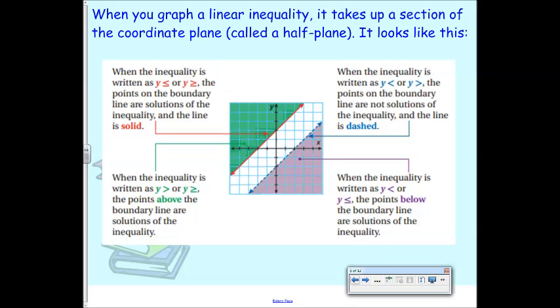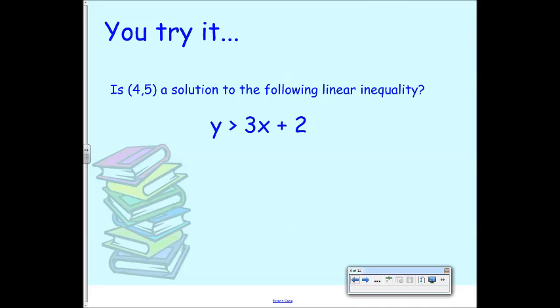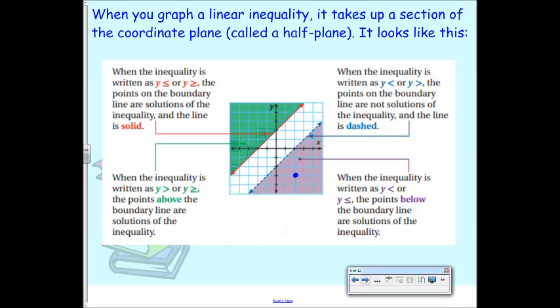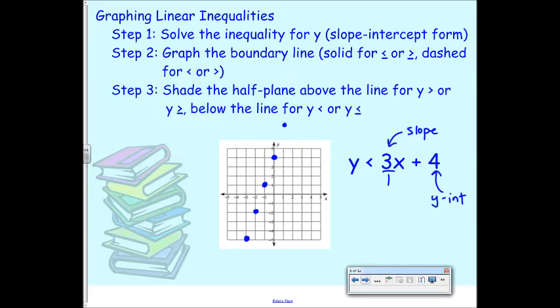So for instance, this purple one right here means that if you went to (2, -3), this point is in the colored section, so it would work for the inequality. So this colored stuff is just like this shaded section on the number line. We're shading a bigger section because it's x values and y values. So I have to take a look at the one I just did, and I'm saying y is less than all of that.